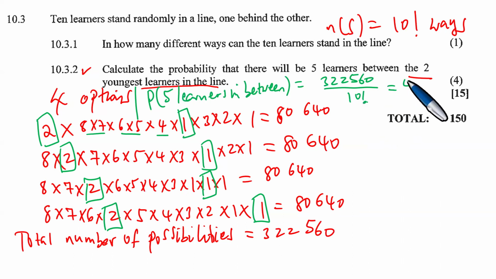If you simplify, this is exactly 4 out of 45. So the probability is therefore 4 out of 45.